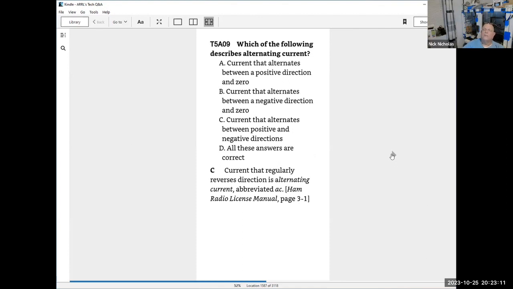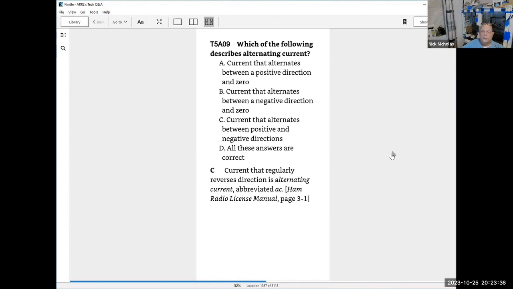Which of the following describes alternating current? An alternating current is a current that goes from positive to negative to positive to negative, back and forth. And the fact that we represent it as a sine wave is because it ramps up and ramps down. It slowly goes up and goes down.